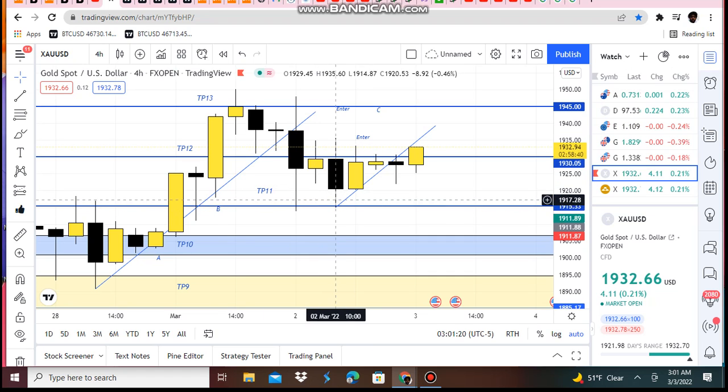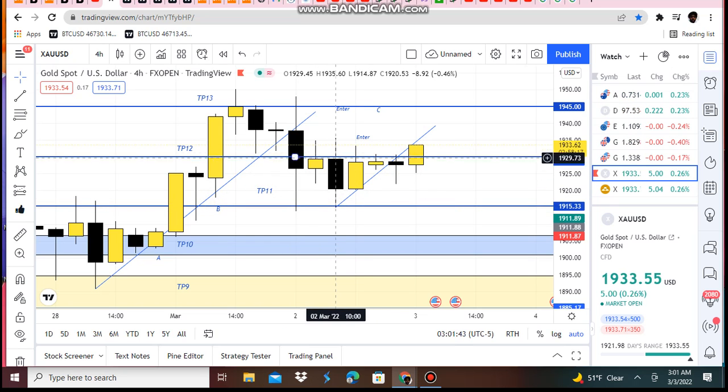Then once it gets to take profit 11, it heads back up. It starts to wick back up. We see wicks below. This lets us know that price is wicking back up. We see wicks below at take profit 11, 1915, and it goes all the way back up to 1935 before wicking back down. Eventually back down to 1915.